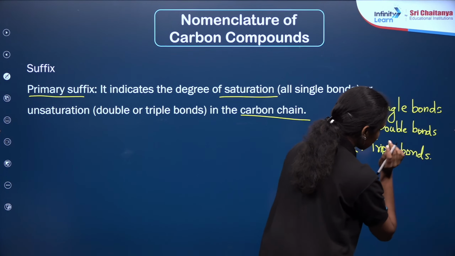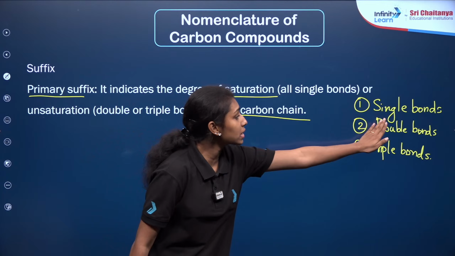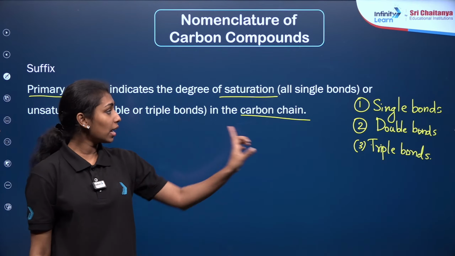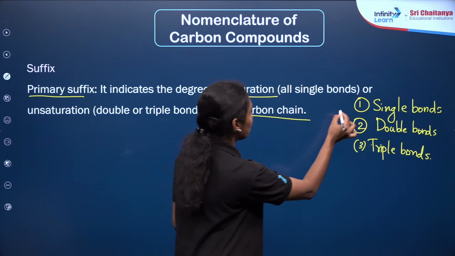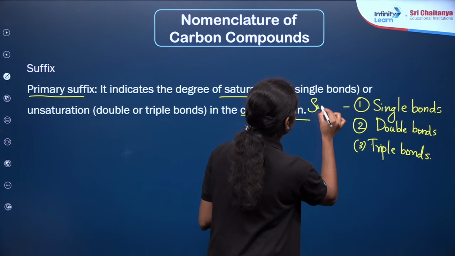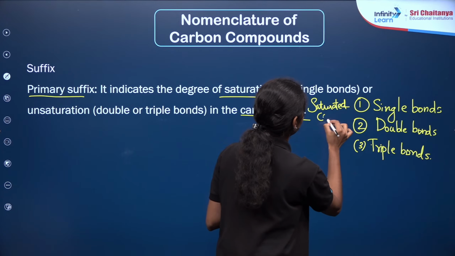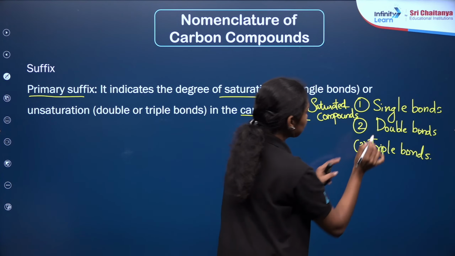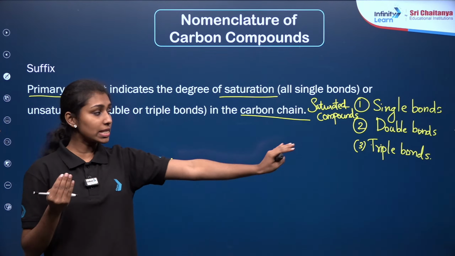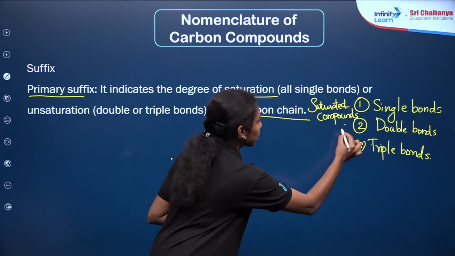So this is a classification of the organic compounds mainly based on the number of bonds. If any compound contains only single bonds, they are known as saturated compounds. Right? So what about the second case? It is the double bonds. If any compound contains either a double bond or a triple bond, they are commonly known as unsaturated compounds.